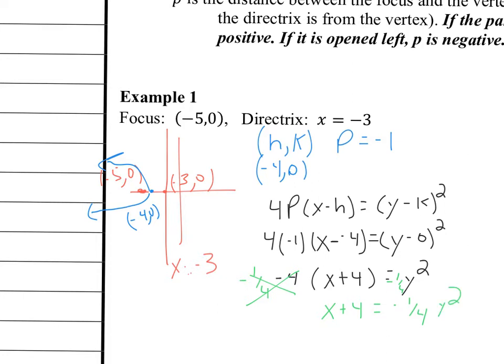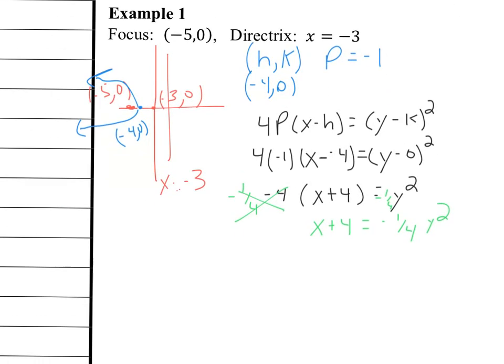And the last thing we have to do is move over the 4. So subtract 4 from both sides, and we get x equals negative 1/4 y squared minus 4. I apologize, I didn't do it at first. Okay, subtract 4.